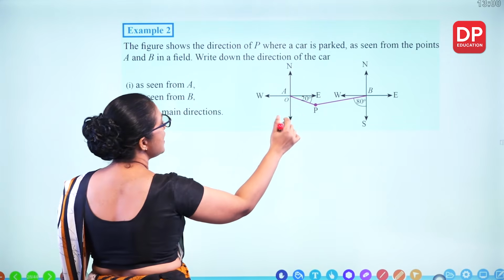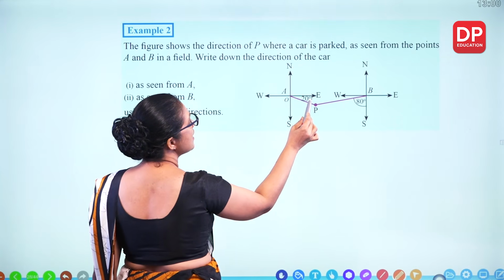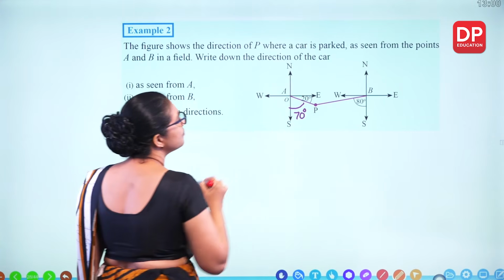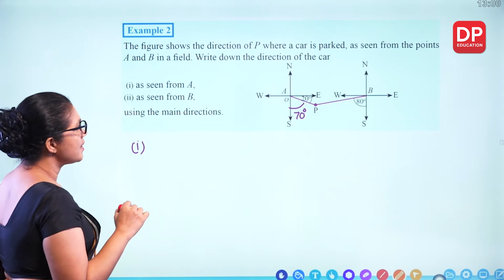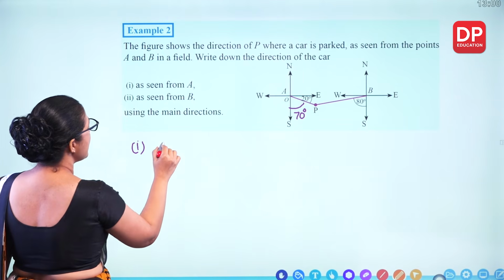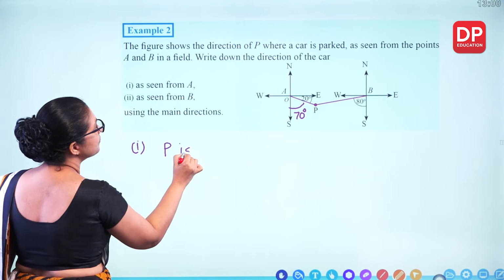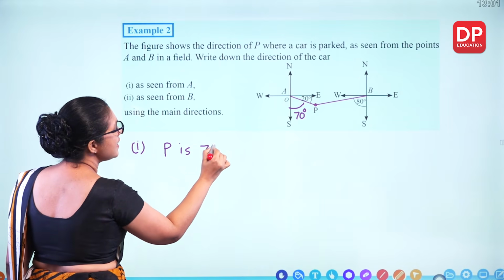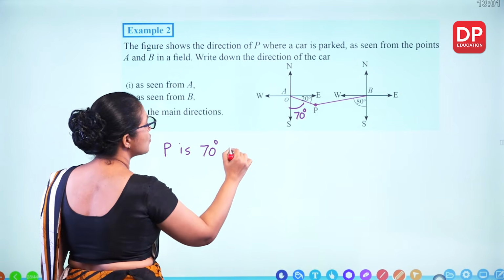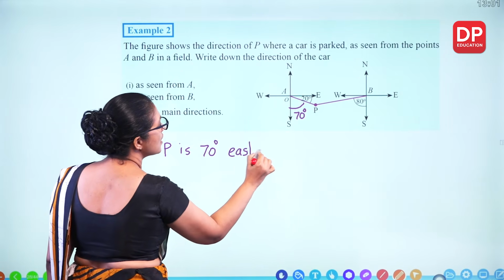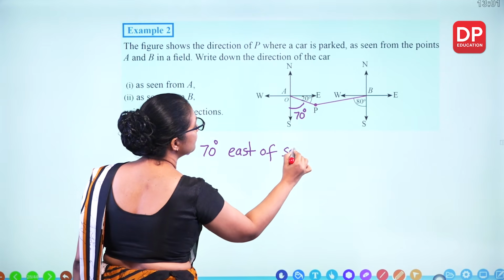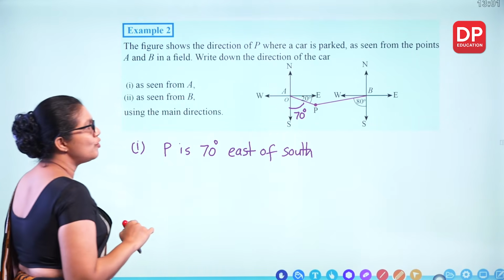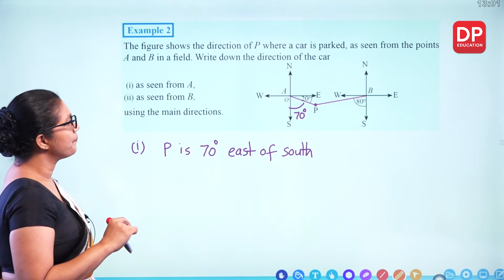So we can say here this is 20, so that means this angle is 70 degrees. So I can write P is 70 degrees east of south when you look from A.